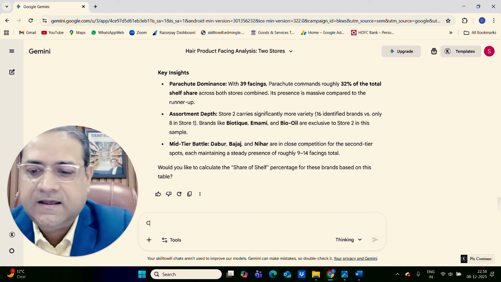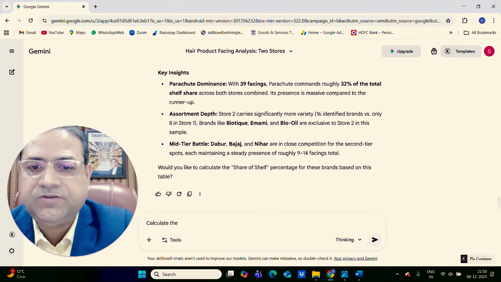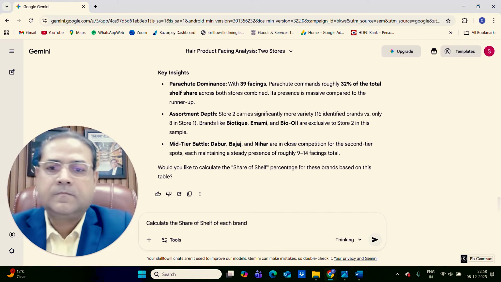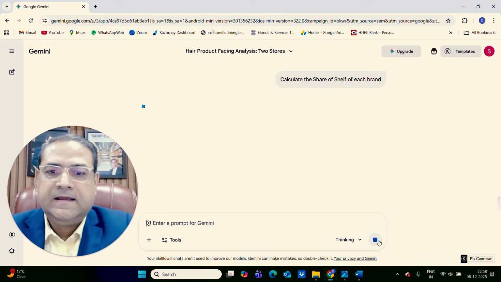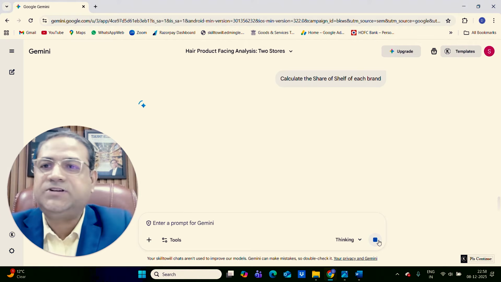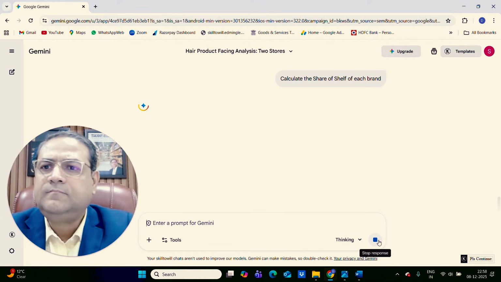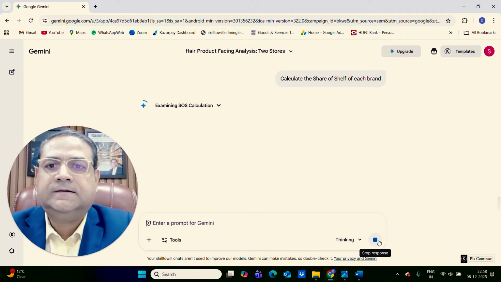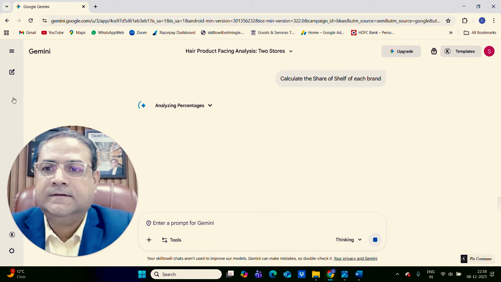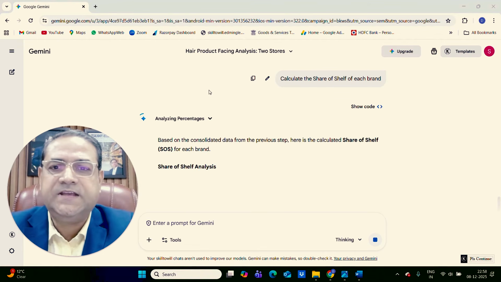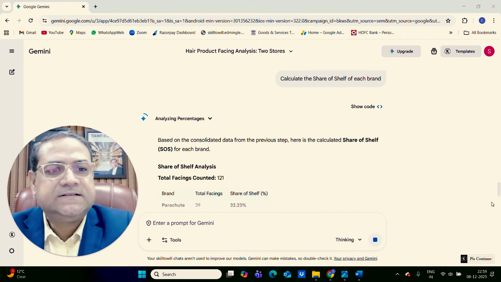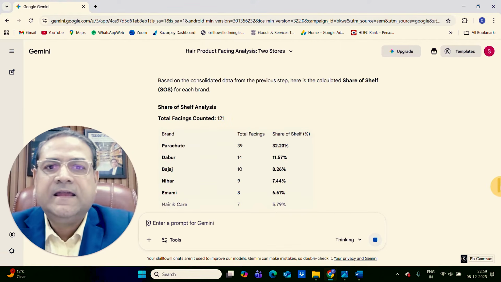Now I can ask, calculate the share of shelf of each brand. Okay, let us see whether it can calculate the share of shelf. So it is analyzing the percentages and it has come up with some data.